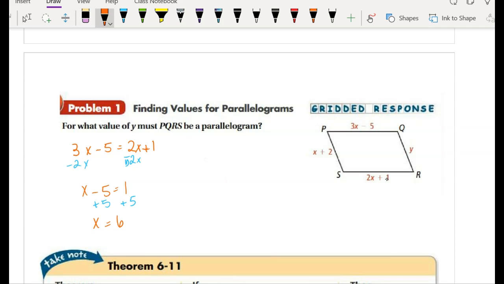Now I'm going to say x plus 2 is equal to y. My x value here is 6, so I'm going to say 6 plus 2 is equal to y. So 8 is equal to y. In order for this to be a parallelogram, y has to equal 8.